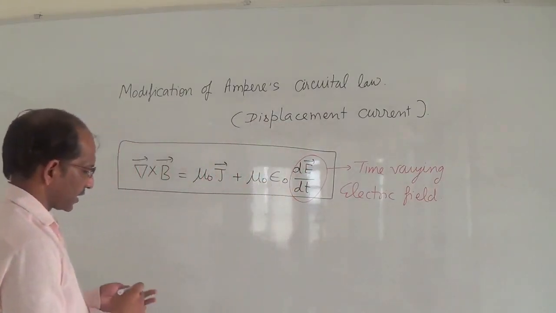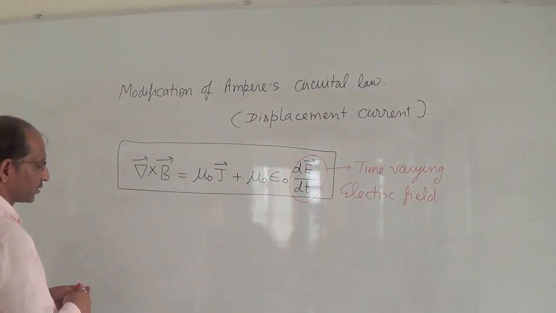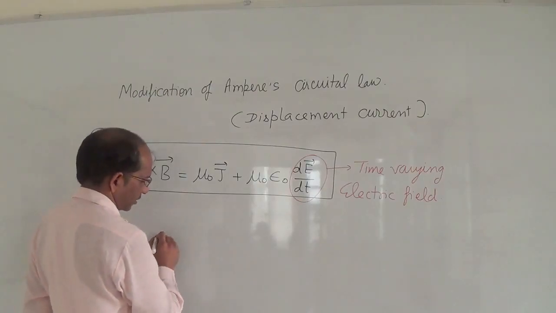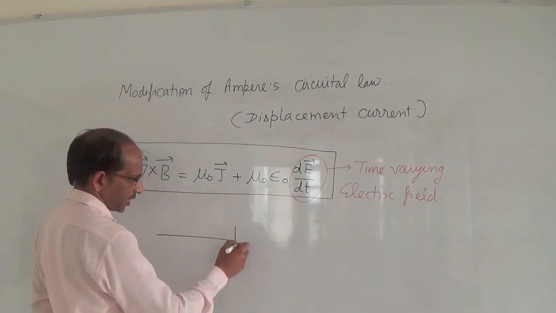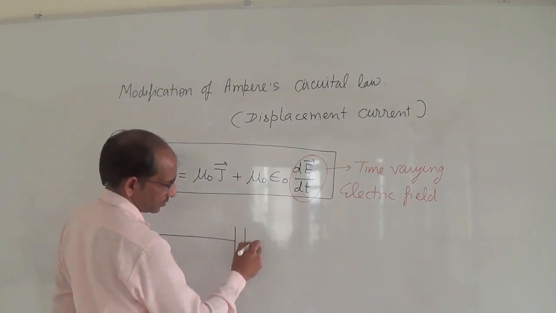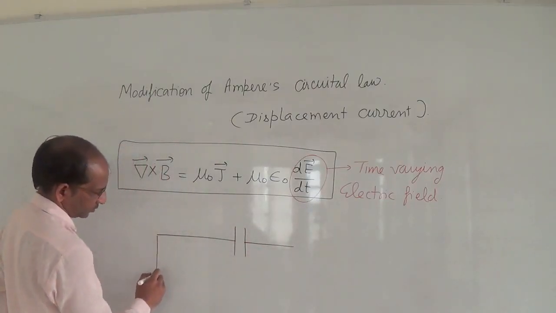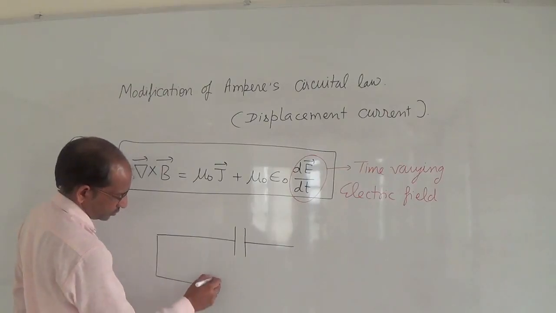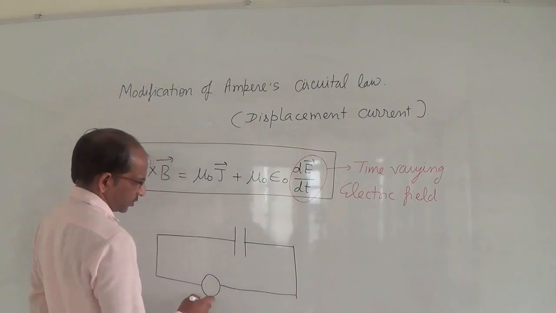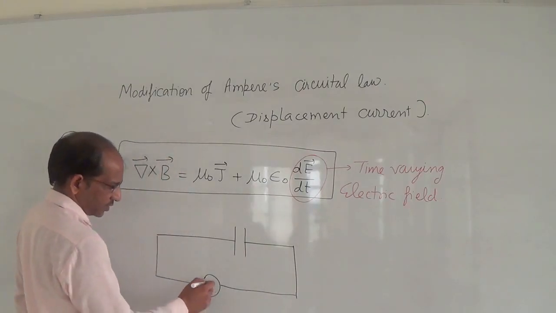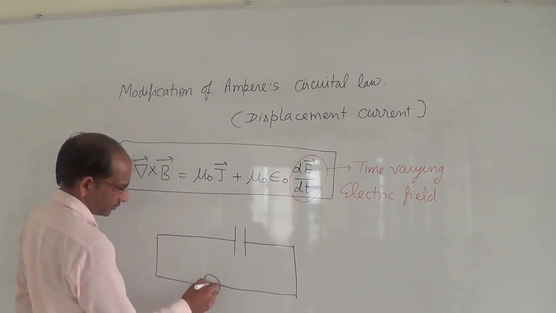So now if I apply the idea here in this particular circuit in which a capacitor is attached with the source. In the first case I have considered a battery.